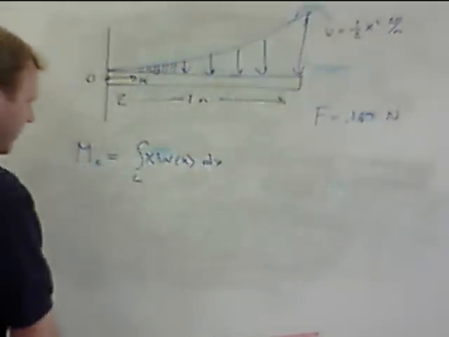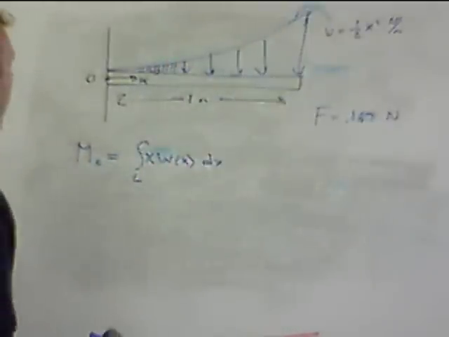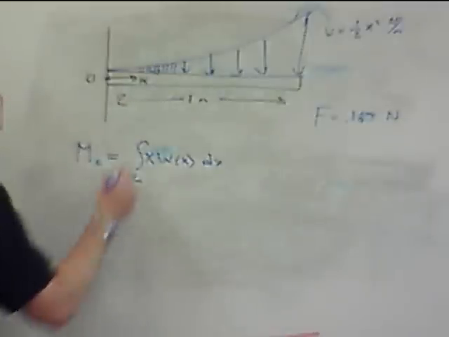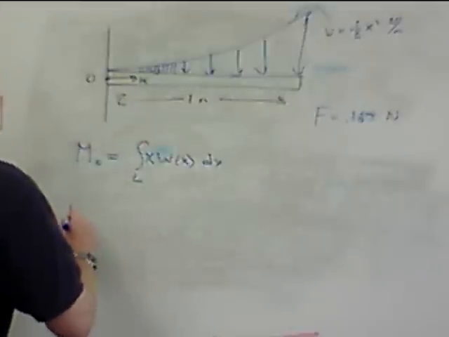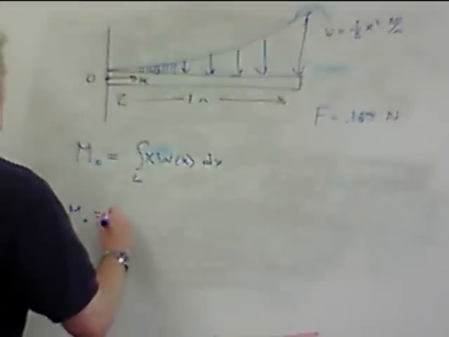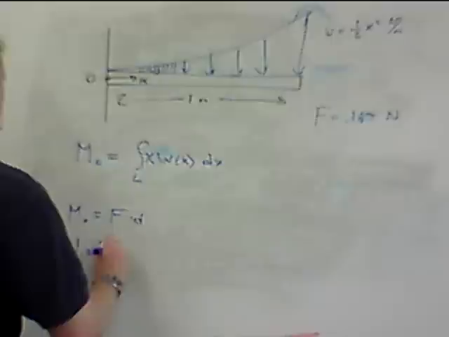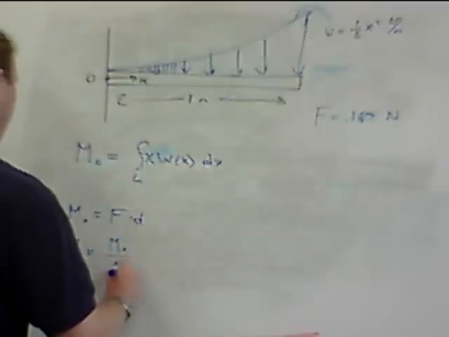We're only really looking at the distance, we want to know the location. This will give us the total moment, but to get the position of the moment arm, moment about O is F times D. If we want to know D, it is moment about O divided by F.